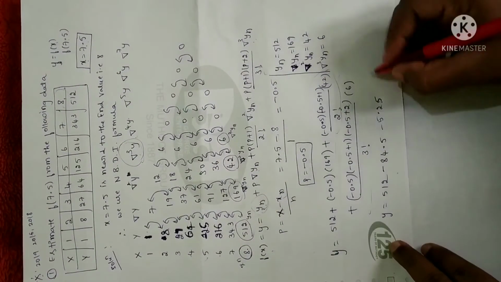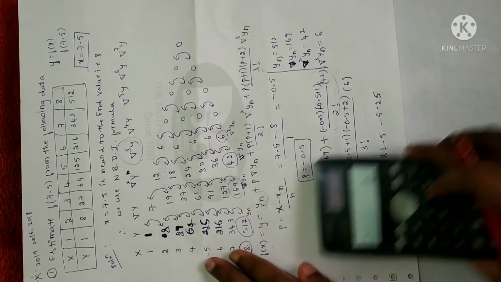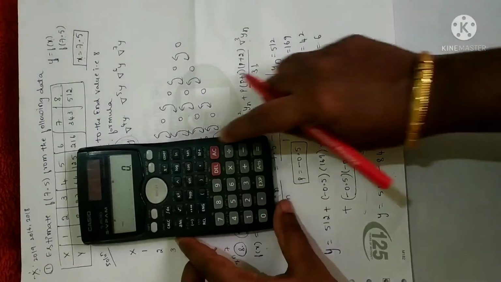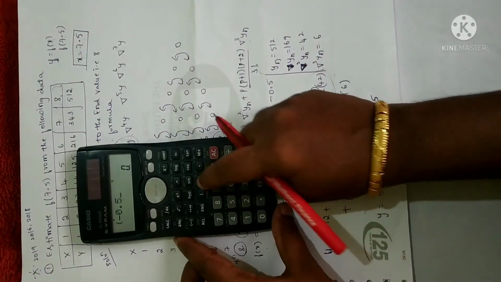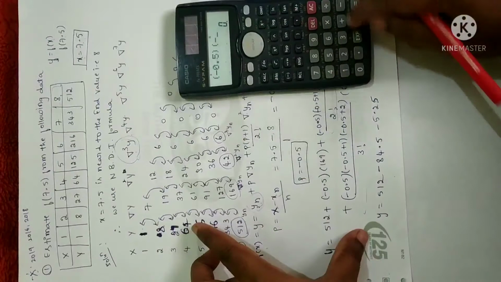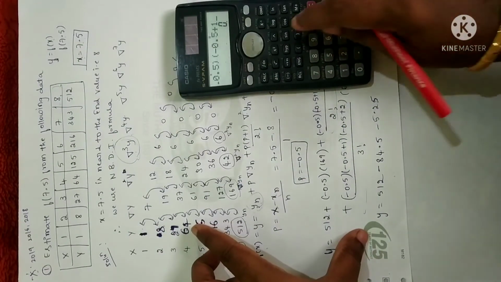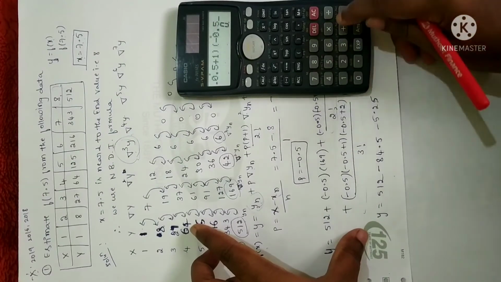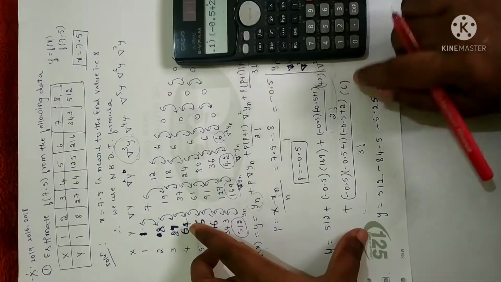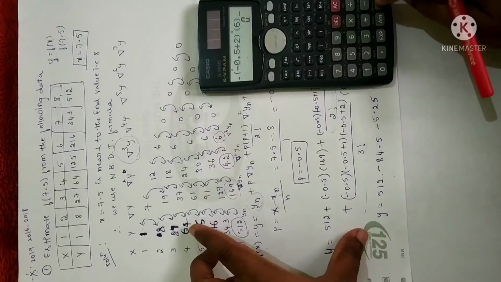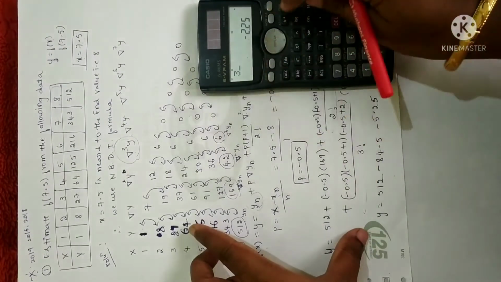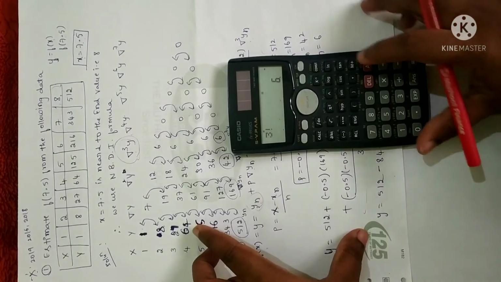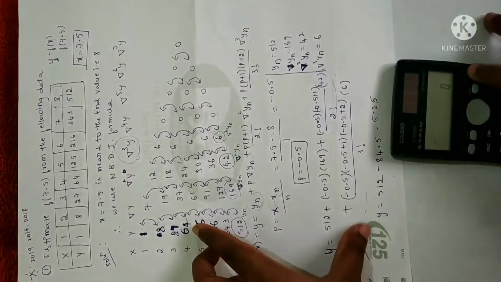Similarly, simplify the last term. I'll show you only once. Minus 0.5, open the bracket, minus 0.5, close the bracket, again minus 0.5 plus 1, close the bracket, again open the bracket, minus 0.5 plus 2, close the bracket, again open bracket, 6, close the bracket, press equal sign, 3, press shift, you will get factorial, press equal sign, so you will get 6. I'll just make a cross check here.